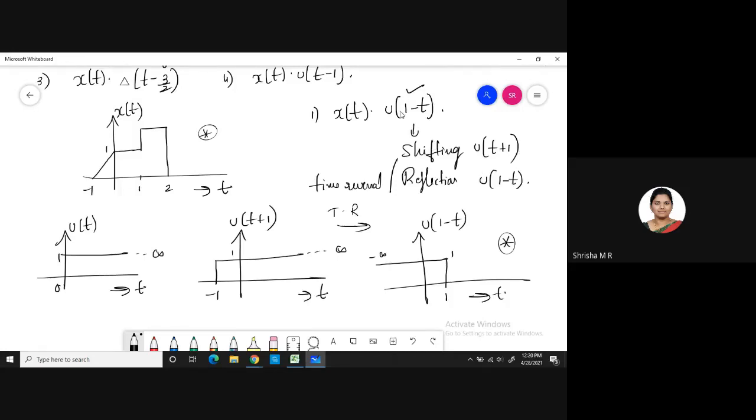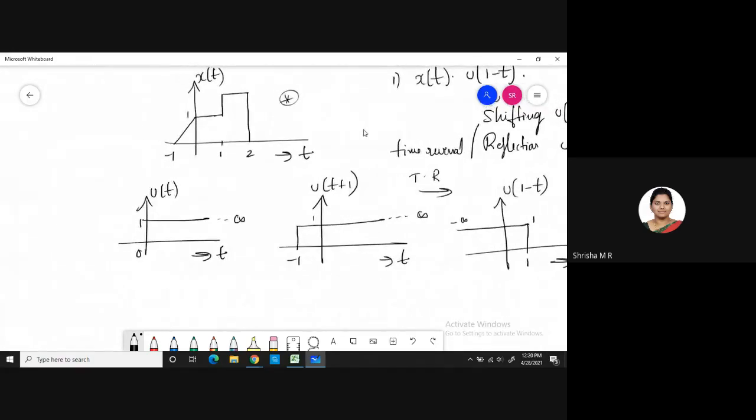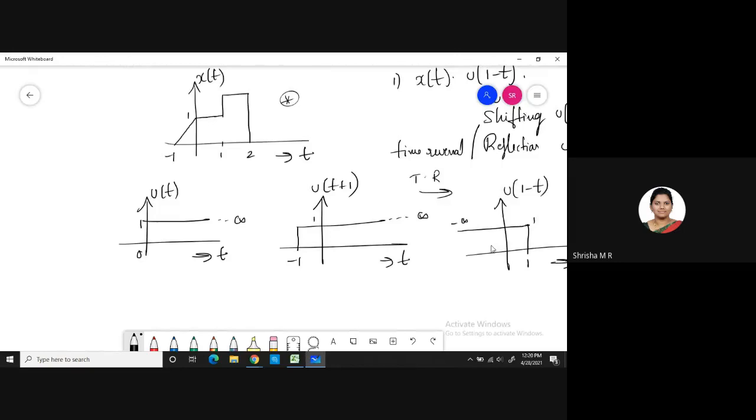Then to get this reflection, you have to take u of 1 minus t. Got it? Because the shift is positive, but t should be negative, so that you have to do reflection. If you do reflection, you will get this waveform. So now try to multiply these two, x of t and u of 1 minus t. So what do you get if you multiply that? This is u of 1 minus t and this is x of t.